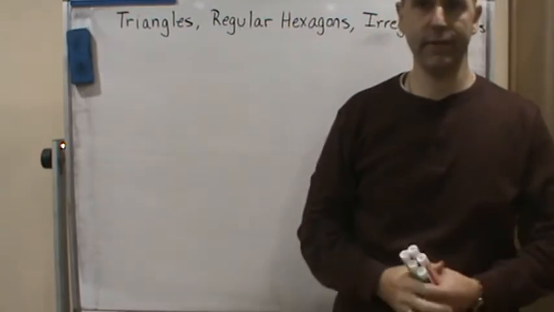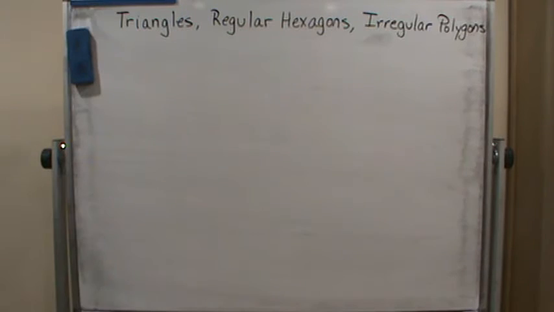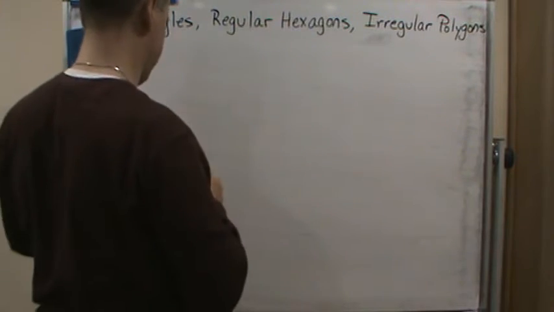Okay, let's do another example and let's talk about floor covering, okay? So let me read the problem and then we'll jump right in. It says a homeowner has selected the hexagonal tiles shown on the board. Let's draw it.